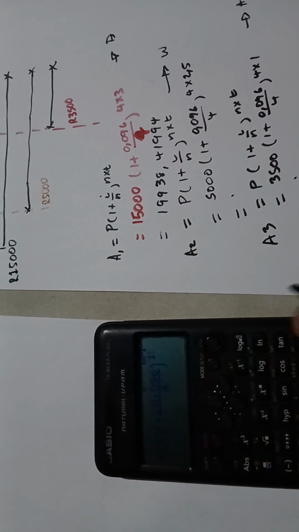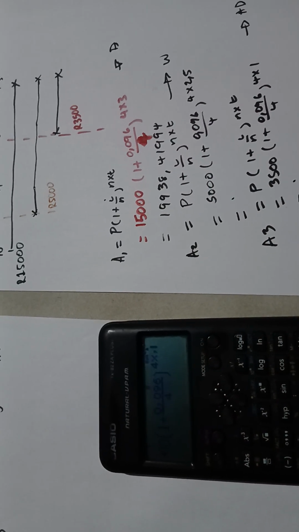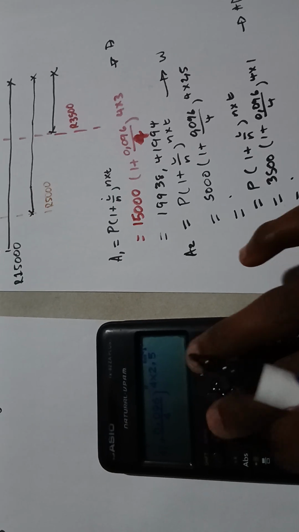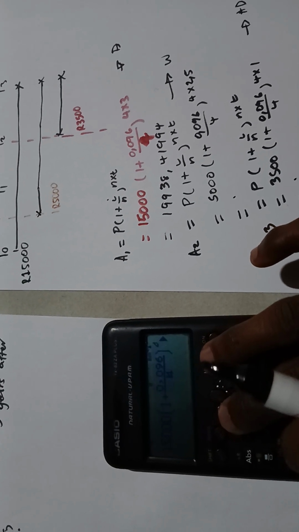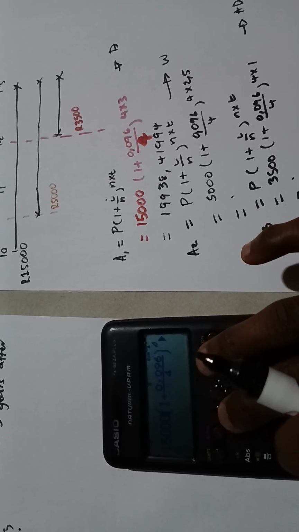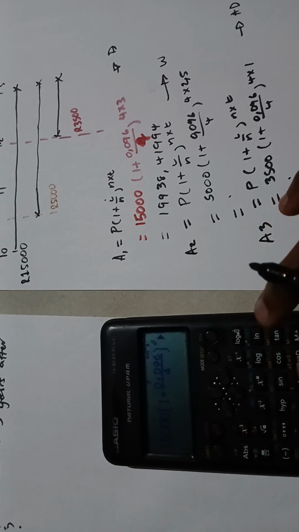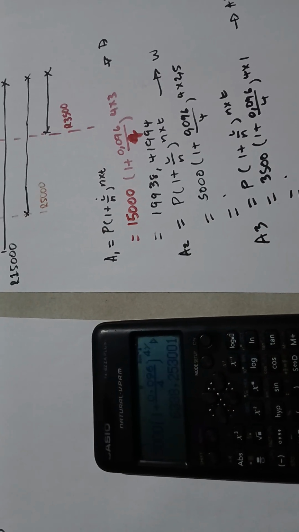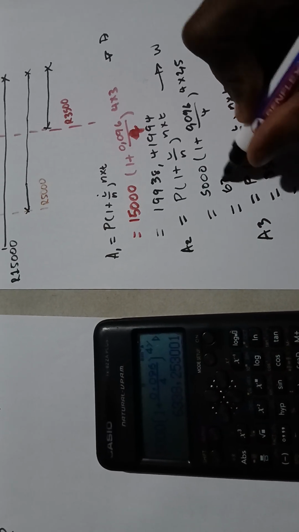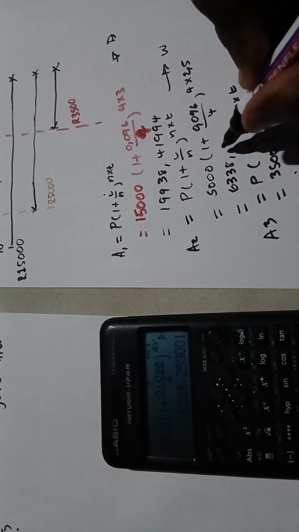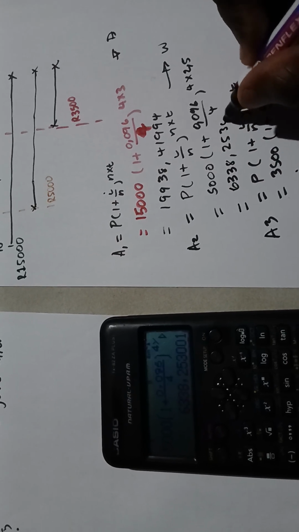So let's do now the 5,000, with 4 times 2.5, and let's now change this 5,000. It's going to be 6,338.25.